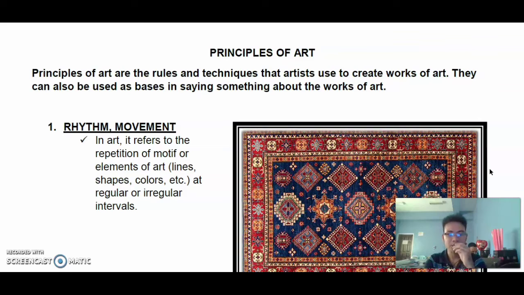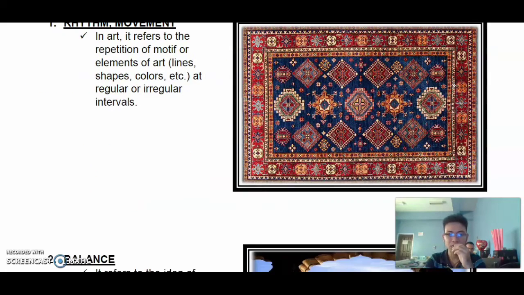In art, it refers to the repetition of motifs or elements of art like lines, shapes, colors, etc. at regular or irregular intervals. These are the things that you see in an artwork which are used to highlight or to put emphasis on it.